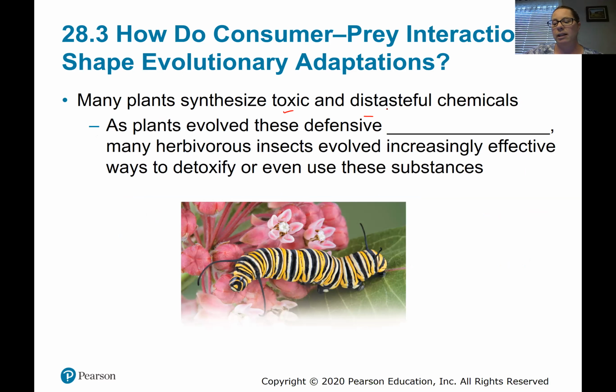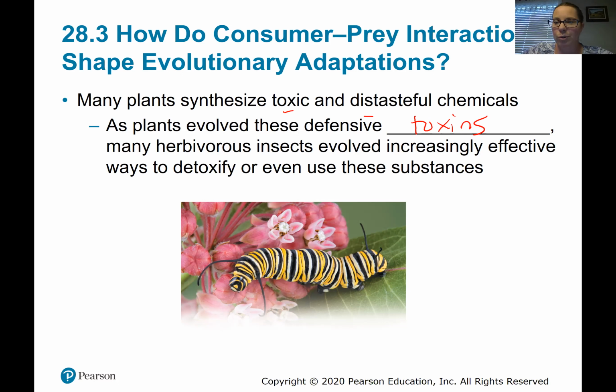Because a plant's not going to get up and run, and it's not going to hide. It's kind of out there in the open at the mercy of the consumer. And so if they taste bad, less consumers will want to eat them. So plants have evolved defensive toxins that herbivores can basically taste and say, I don't want to eat this.